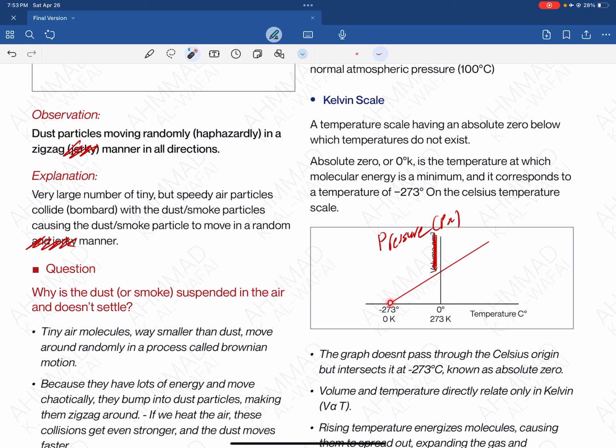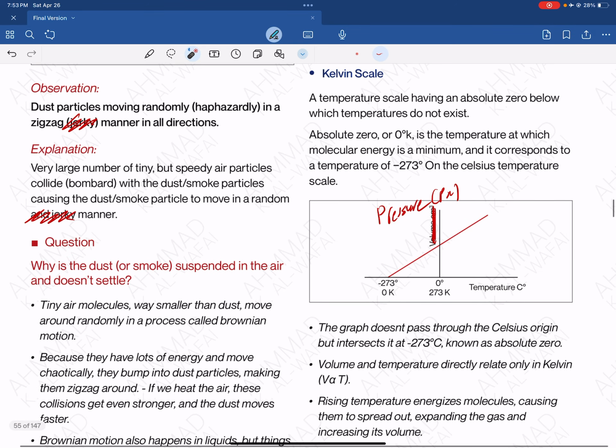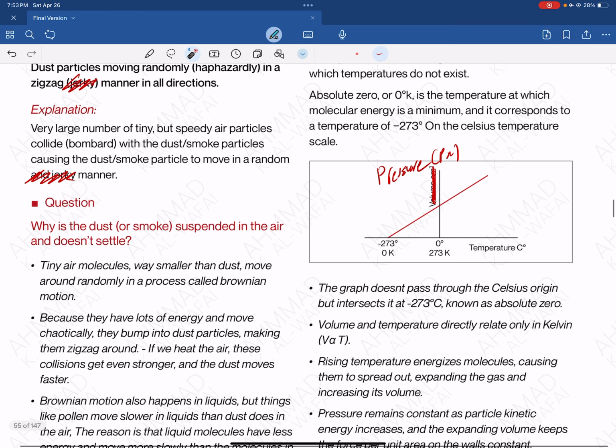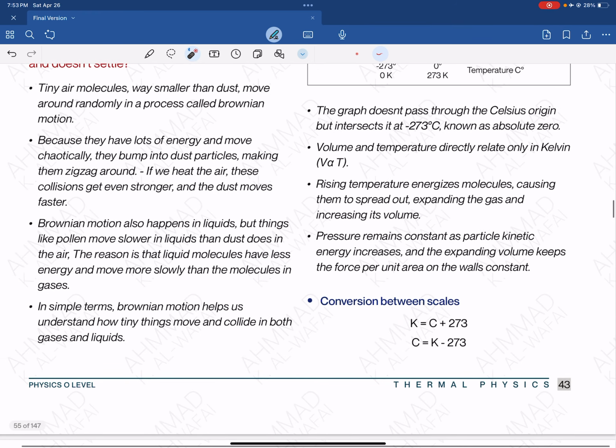That's where the pressure was basically zero, or we could say where the particles have minimum kinetic energy, which is the absolute zero. You need to know how to convert between the Kelvin and degree Celsius scales.